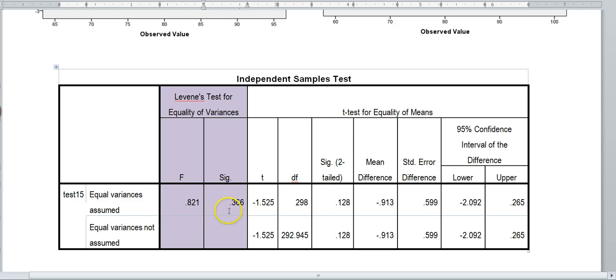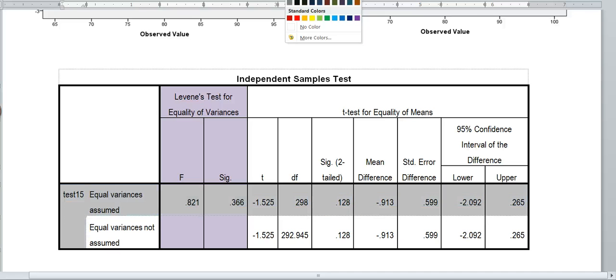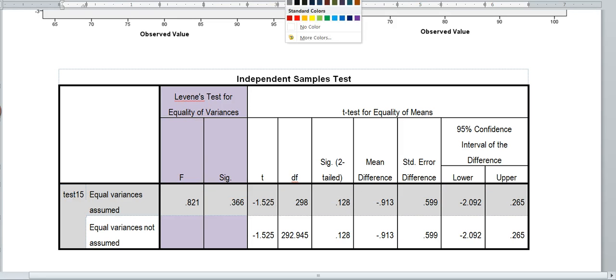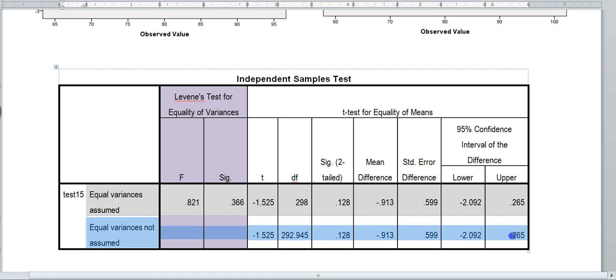As soon as you decide on that, then you are done with the Levene's test, and you can now assume equal variances, which means that you will work on this column only for looking at your results, because if you could not assume equal variances, then you would have to work in this row down here. But because we did not have a statistically significant Levene's test, we can work here.